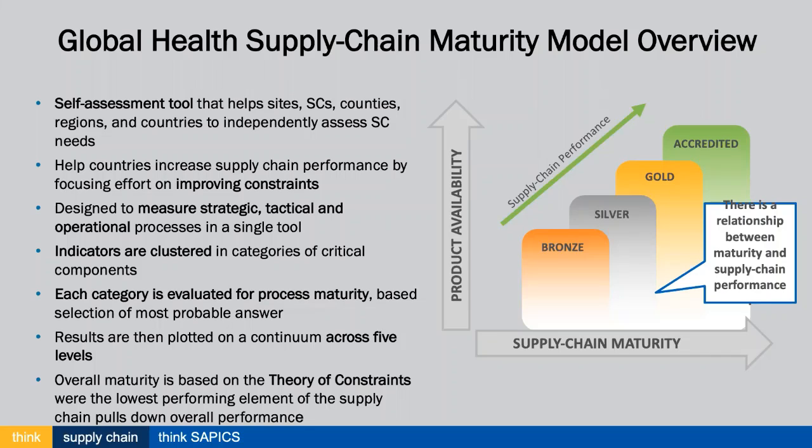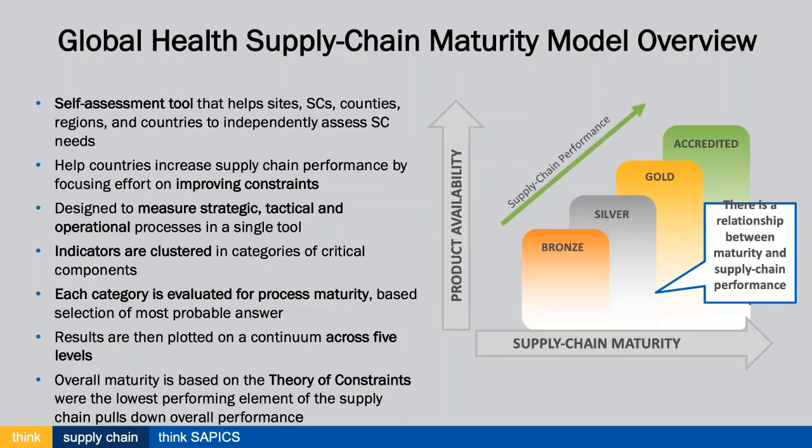Our indicators are clustered into different categories based on critical components, such as transportation, inventory management, storing, expiry management, and more, which I will show you later. Each category is evaluated by a process maturity, and it is based on the selection of the most probable answer.